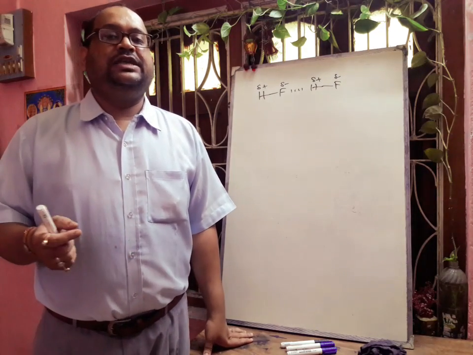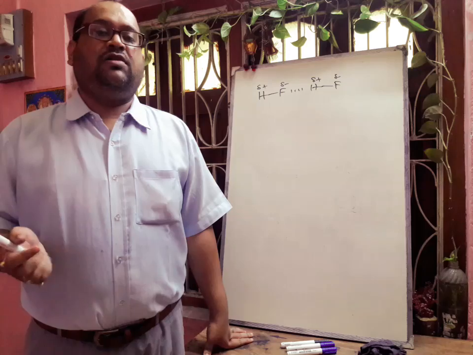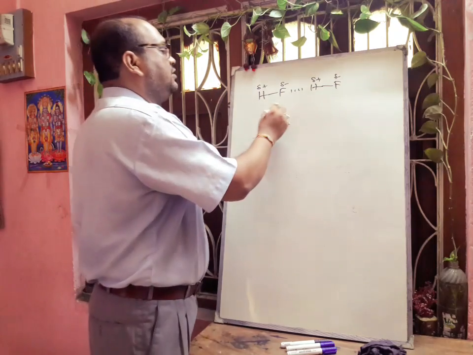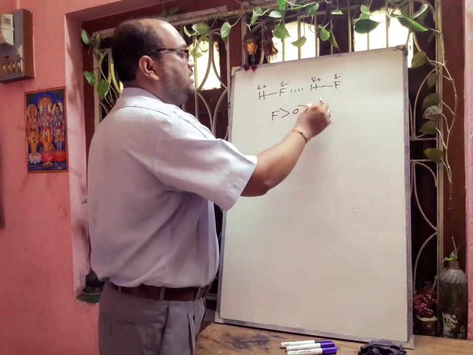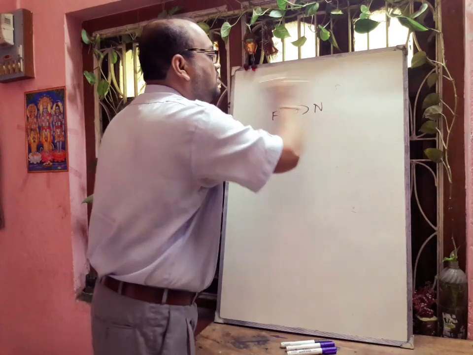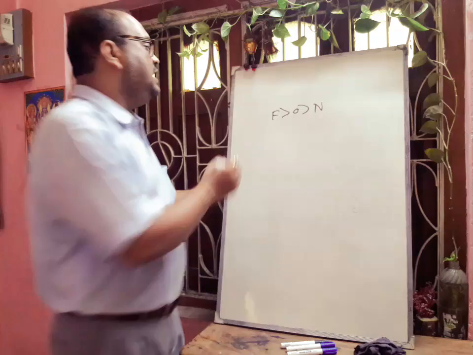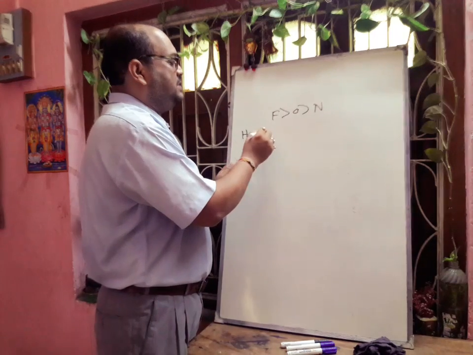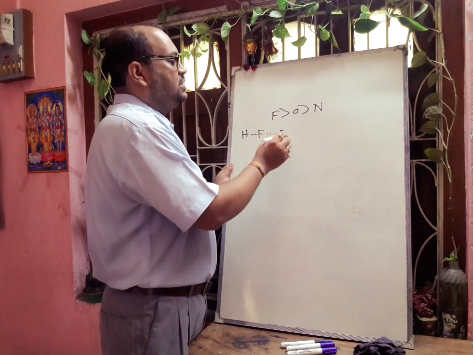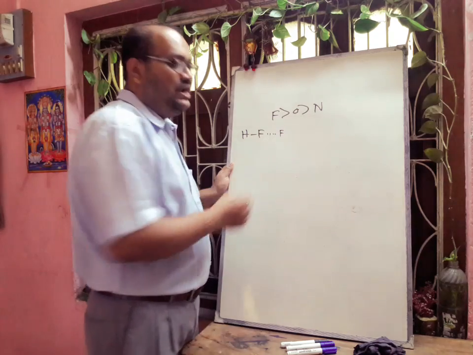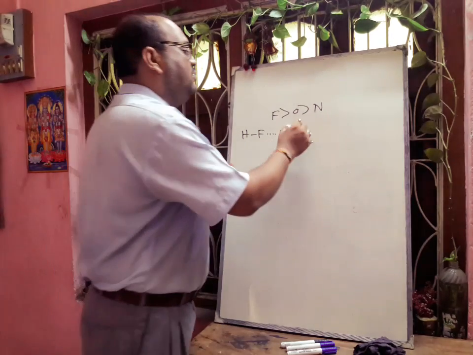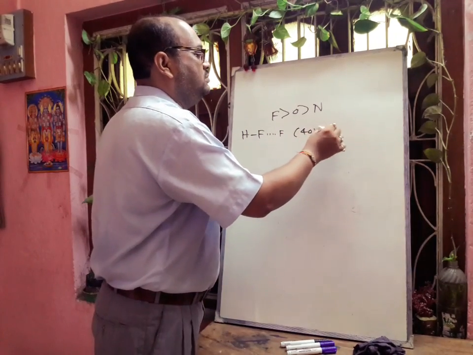Okay, now if we discuss the electronegativity order, all of you know that fluorine is the highest electronegative, then oxygen, then nitrogen. So if we think about the strength of the hydrogen bond, definitely when H is forming a bond with fluorine, its bond energy will be highest, around 40 kilojoule per mole.